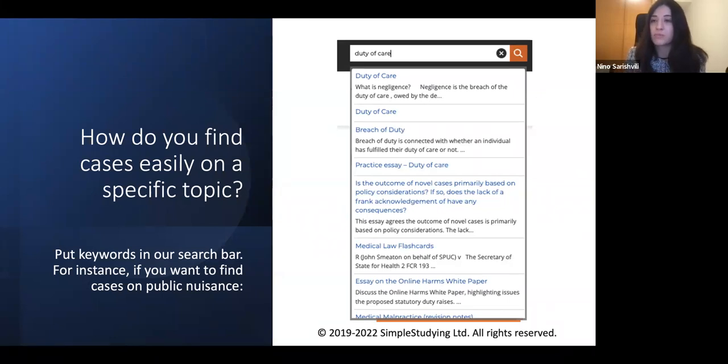For example, if you have a problem question about duty of care or causation, you can just put duty of care in the search bar and you will see everything we have on duty of care. Similarly, if you need to find cases on causation, just put causation there and you find all the cases, all the notes we have about causation. So make sure that you use our search tool to save lots of time on legal research.